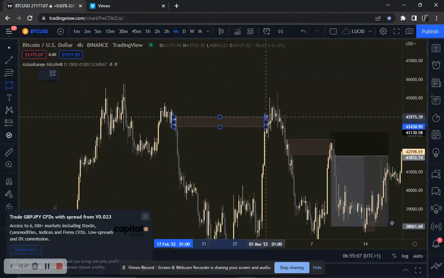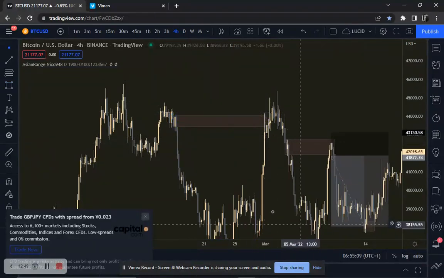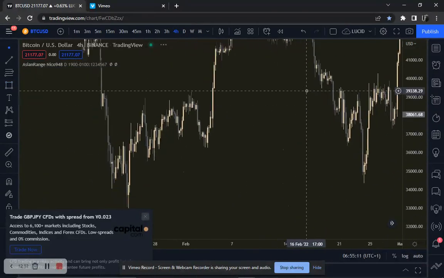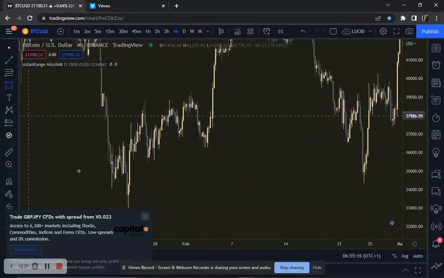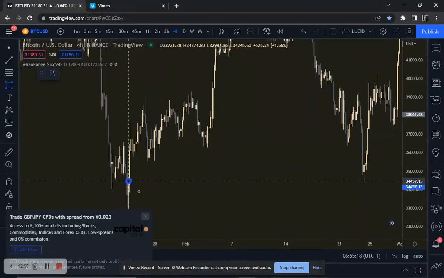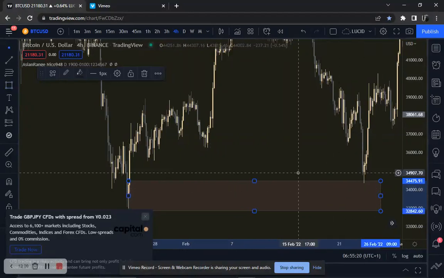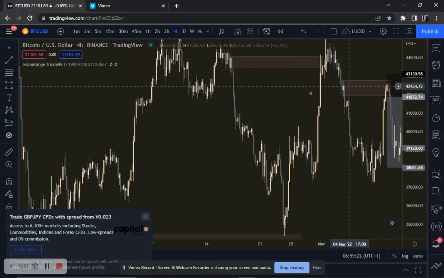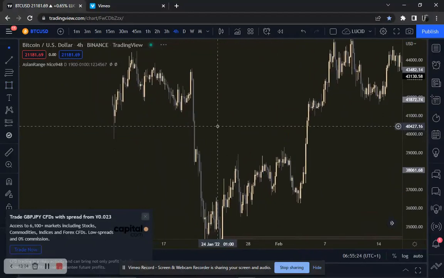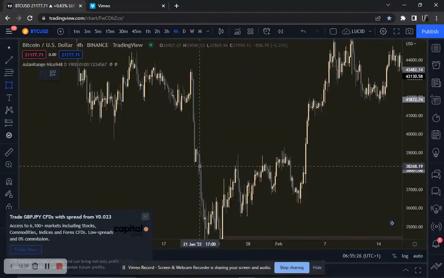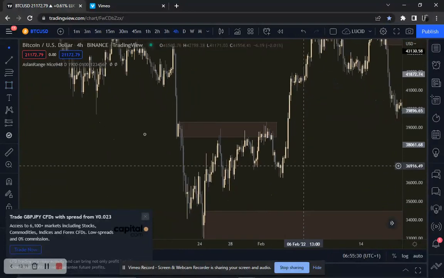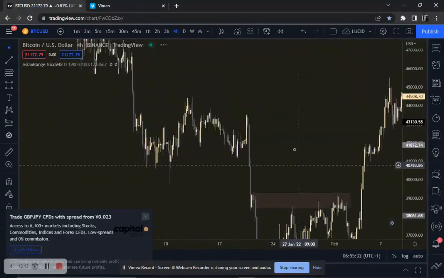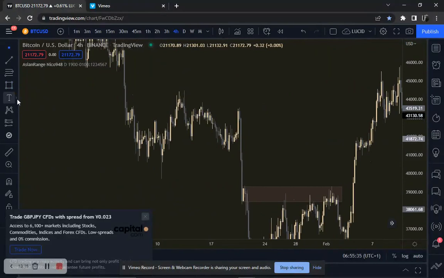Price reacted and dropped, right? We had our inside bar, a candlestick between two candles, price moved higher. We had our inside bar here, price reacted. So you're going to get a reaction from this inside bar candlestick.